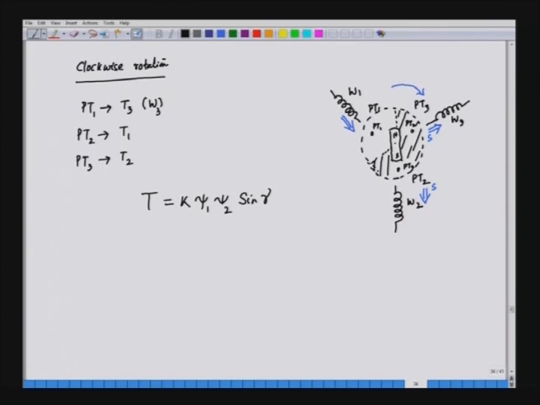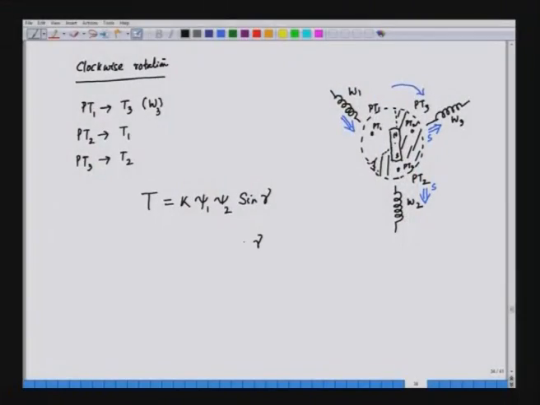So, psi 1 could be the stator flux, psi 2 could be the rotor flux, and gamma is the angle between psi 1 and psi 2. Now, in this case you can see that when a winding of the stator is switched on, the angle is approximately 120. So, in fact, gamma in this case varies from 0 to 120.